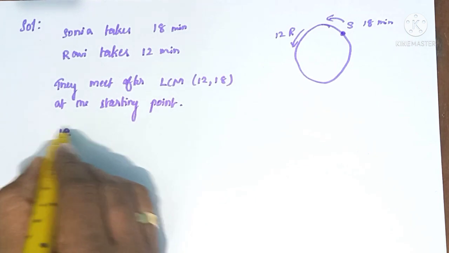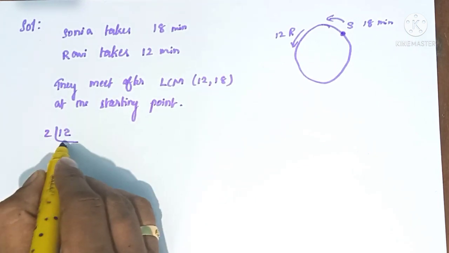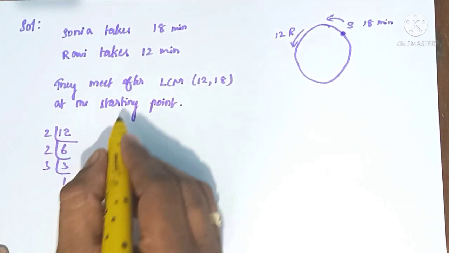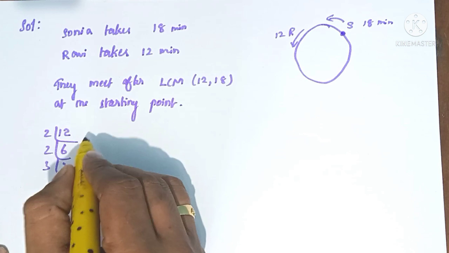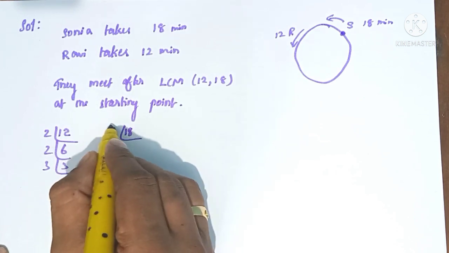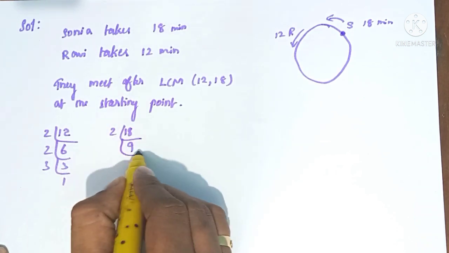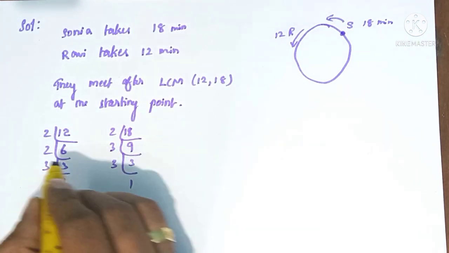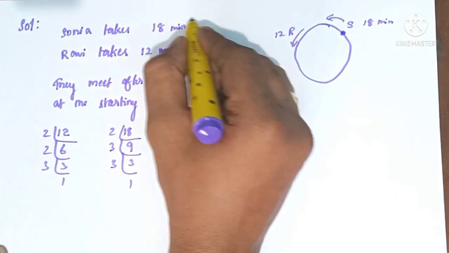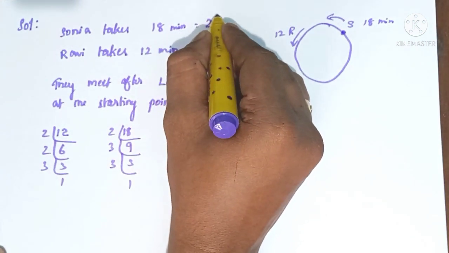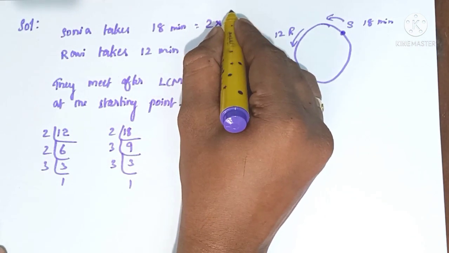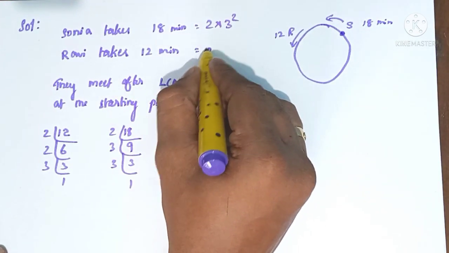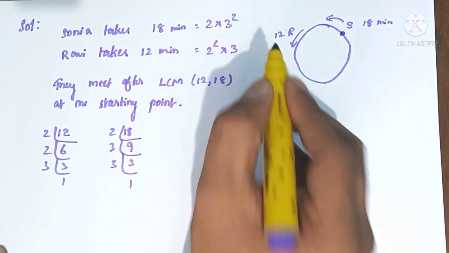We will do the prime factorization of 12 and 18. 2, 6, 2, 3, 3 into 1. So this is 12. And how about 18? 2 into 9, 3 into 3, 3 into 1. So 18 means 2 into 3 square, and 12 means 2 square into 3.